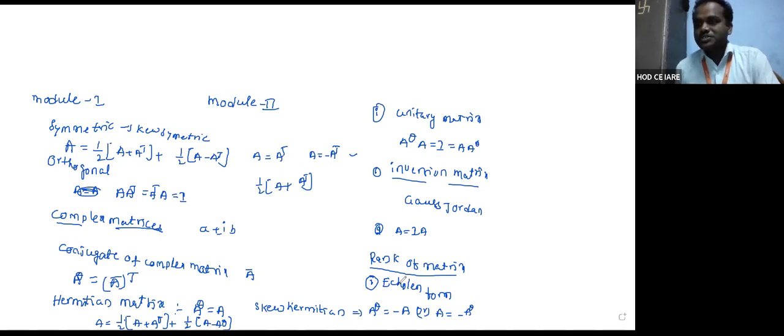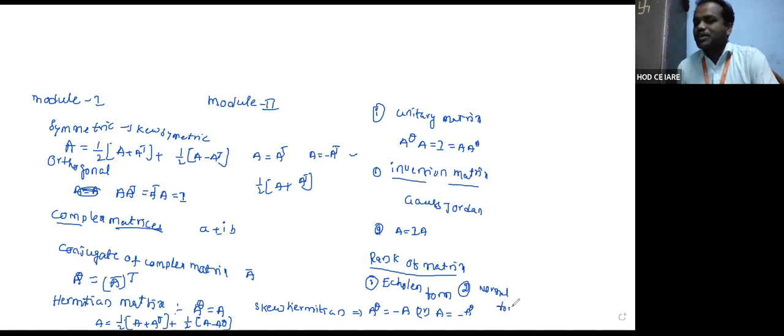After the elementary operations, you count the number of non-zero rows; that matrix is said to be in echelon form. So the rank of a matrix is the number of non-zero rows. That is the first method.